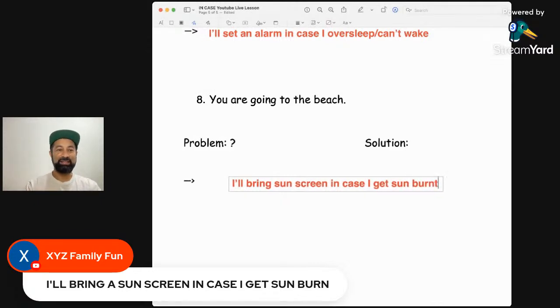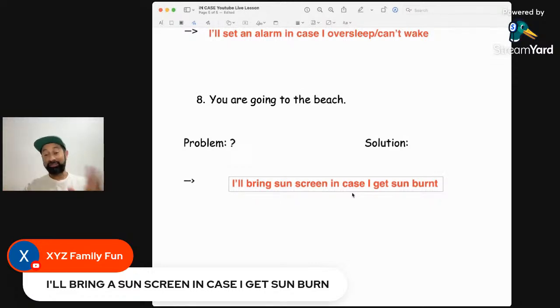I want you to add the T: sunburnt. Sunburn, if you want to use sunburn, it is actually a countable noun. So you could say a sunburn, but let's just use sunburnt.